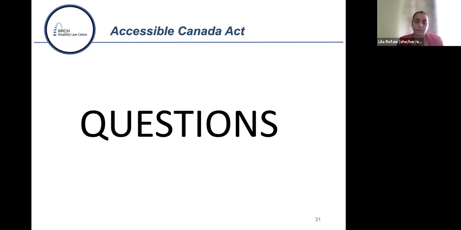If I understand the question correctly, and please correct me if I'm not answering it, if you're asking about a trans disabled person being denied access to a bathroom for reasons other than disability, then it would not necessarily be covered, because the ACA is very much focused on accessibility for reasons of disability, as opposed to any other grounds that may be related to a person's identity.